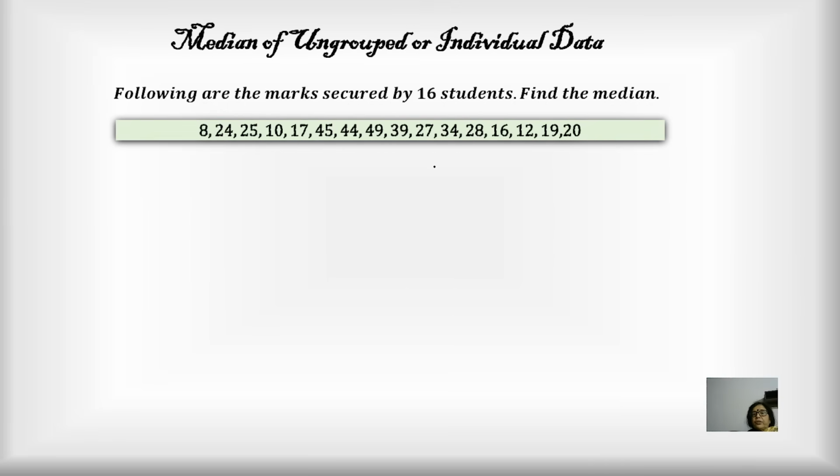The next question is: following are the marks secured by 16 students, find the median. Here the total number of values is 16. The same way we proceed, we arrange the data.